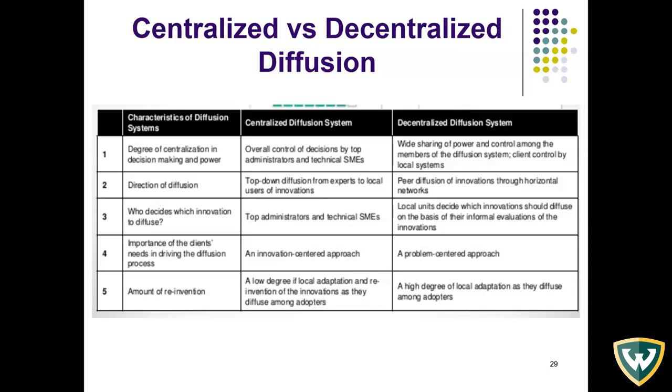So I am a big fan of decentralized diffusion, but I also can very much appreciate the benefits of centralized as well, because the whole idea behind it is if you have a way or something that's researched and proven, it is something that you want people to be able to take advantage of. But on the other hand, you definitely don't want to lock out good ideas.